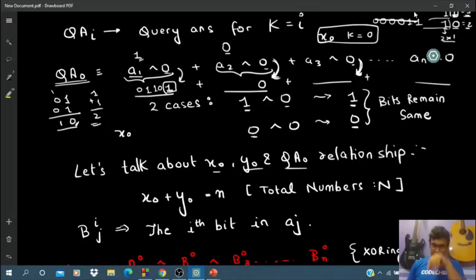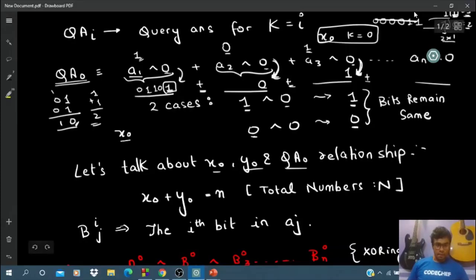So the number of numbers in which the 0th bit will be set when we add all of these numbers, suppose the 0th bit of A3 is 1, the number of ones that we get in this sum for the 0th bit will be the same as x0.